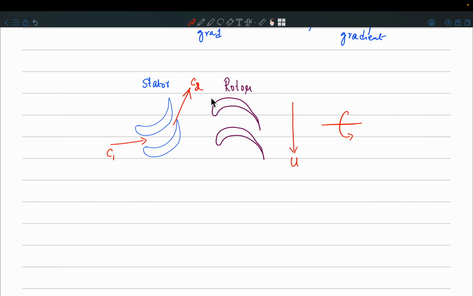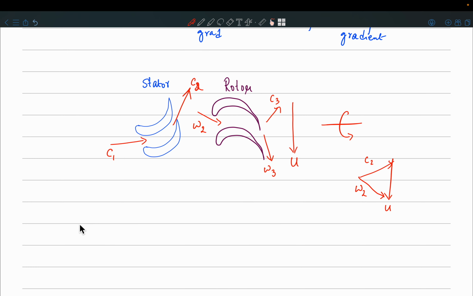The relative velocity can be understood like this: if you have this blade velocity and this absolute velocity C2, then the relative velocity W2 is like this. So C2 plus u gives W2. Here W2 is the relative velocity the rotor sees at its inlet, and what leaves is W3. As a result of this relative velocity there will be an absolute velocity C3.